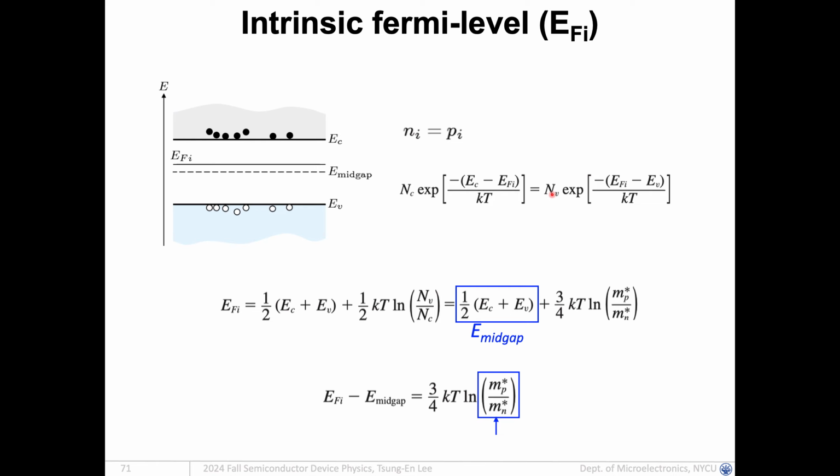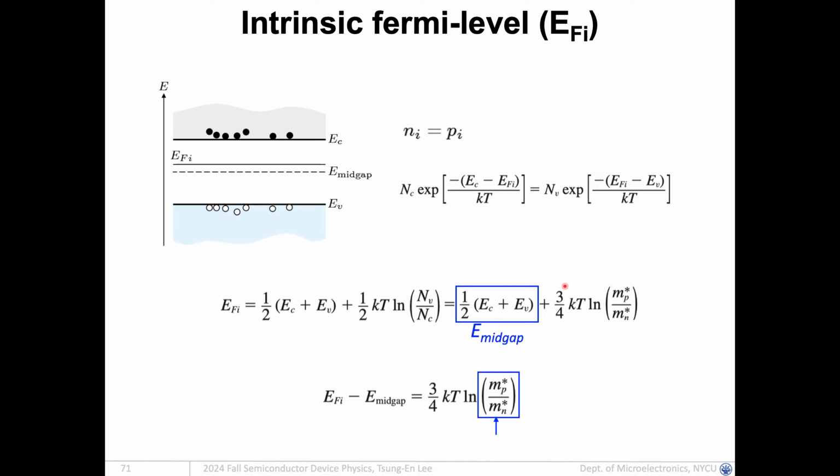If we use the formula I mentioned in the previous slide, and set the intrinsic carrier concentrations of hole and electron to be the same for an intrinsic semiconductor, then we can derive the intrinsic Fermi level shown here.